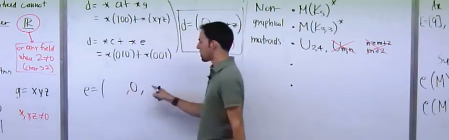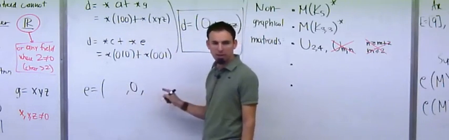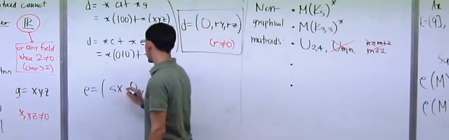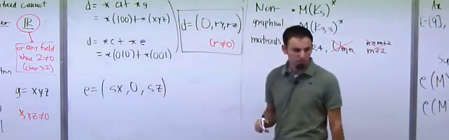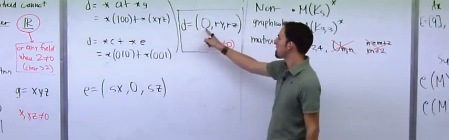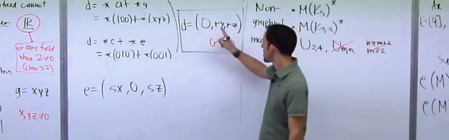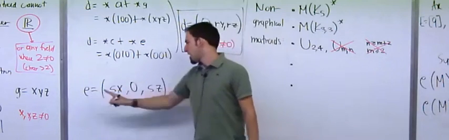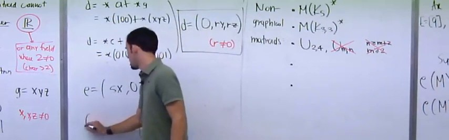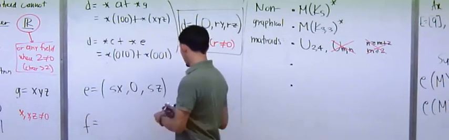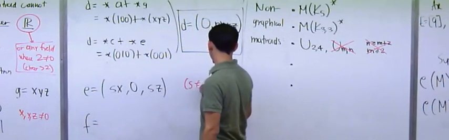And then these guys are the same multiple of x and z, by the same reason. So D had a 0 coordinate at first, and then a multiple of y, multiple of z. E has a 0 coordinate in the middle, and multiple of x, multiple of z. And right, s not equal to 0.